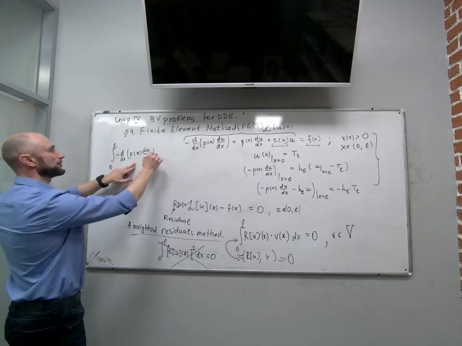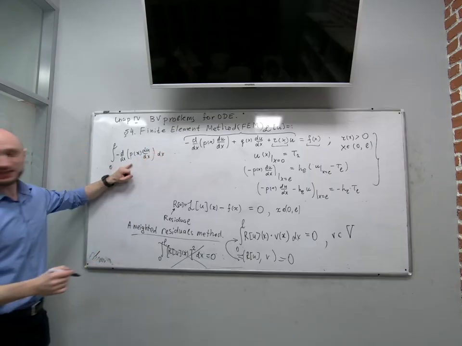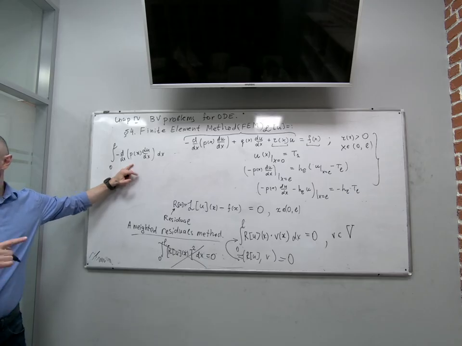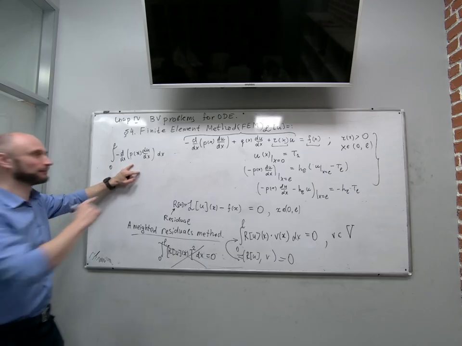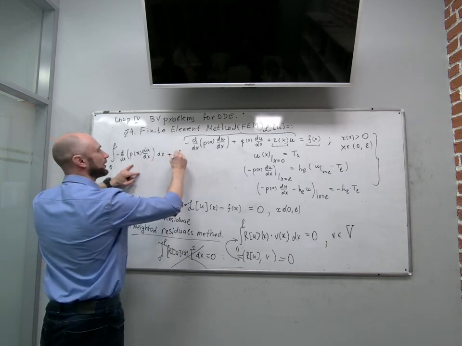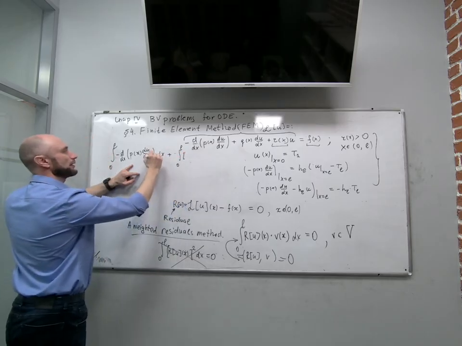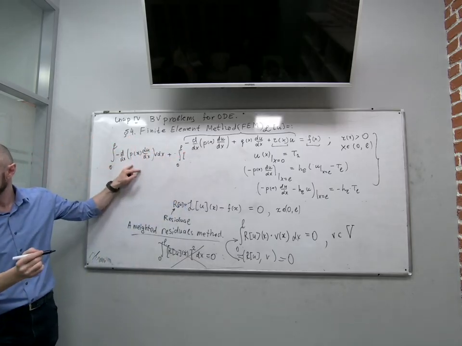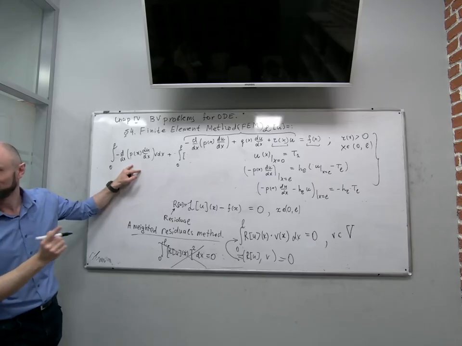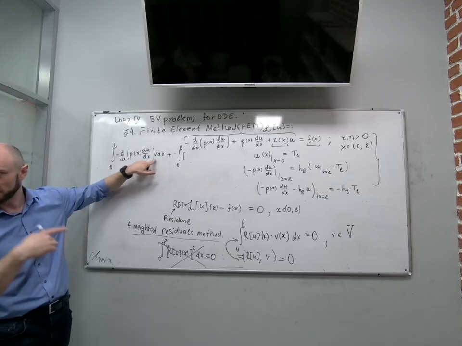We need to take this integral separately because most of the work will be related to this term. All other terms are just rewritten. Oh, I'm sorry, I should have multiplied it by v of x. I forgot.